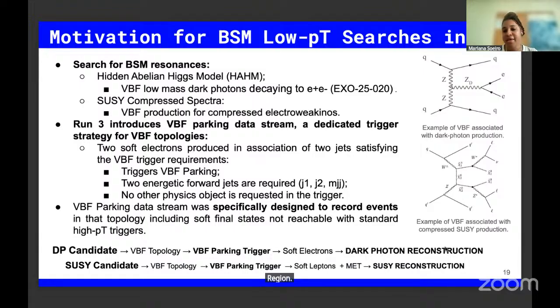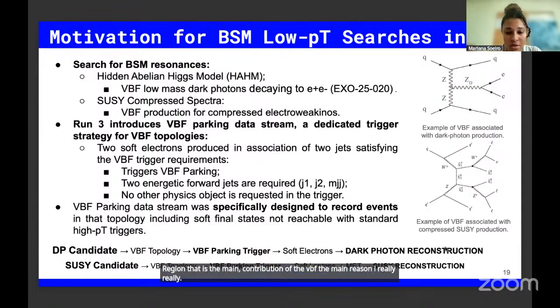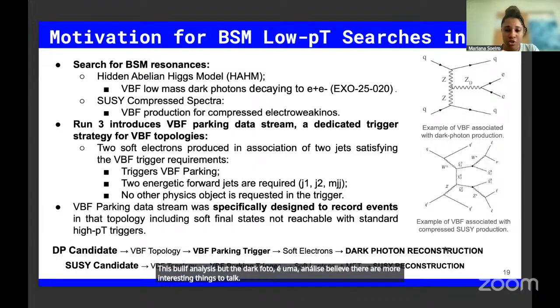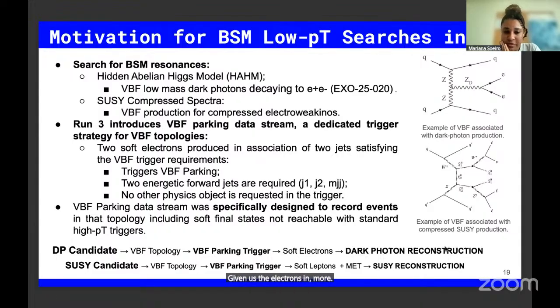That is the main contribution of the VBF, and the main reason I believe this channel is important to continue. Both analyses are important, but in the dark photon analysis, I believe there are more interesting things to talk about, because the dark photon gives us the electrons in a more strategic way.